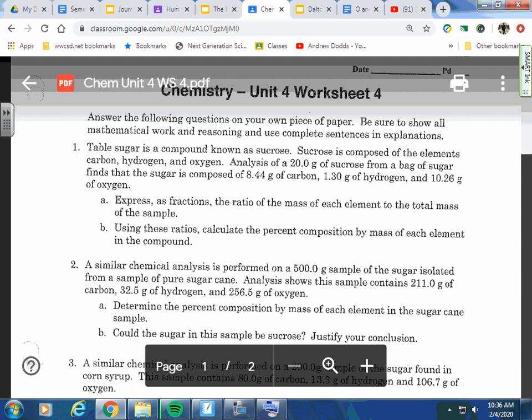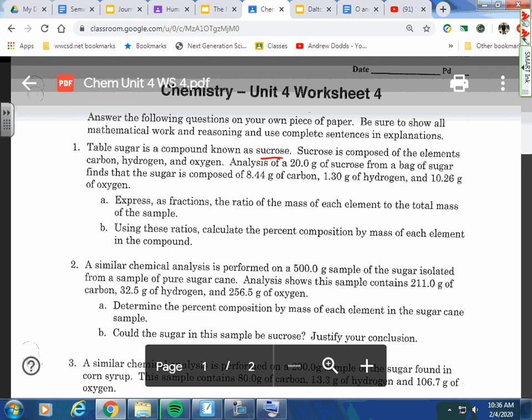All right? So yesterday in the notes, we also talked about percentages, because when we do the law of definite proportions, we want to pay attention to, when we're looking at a compound, what percentage is this, what percentage is that. So in number 1 here, table sugar is a compound known as sucrose, composed of the elements carbon, hydrogen, and oxygen.